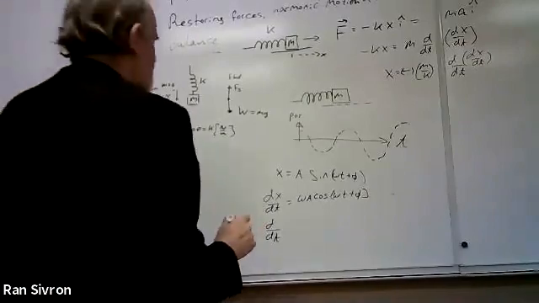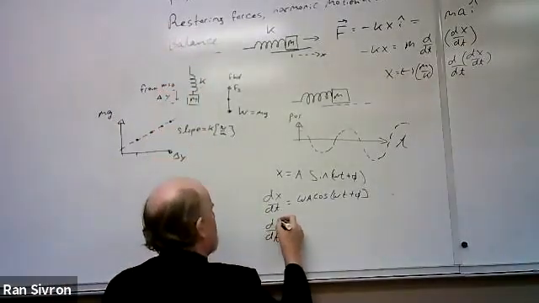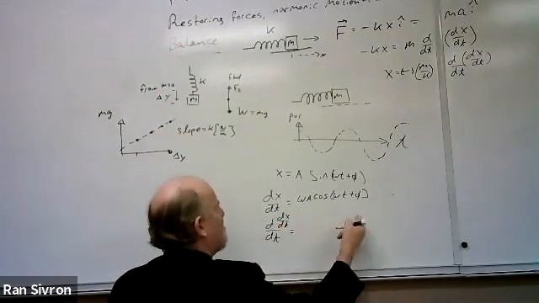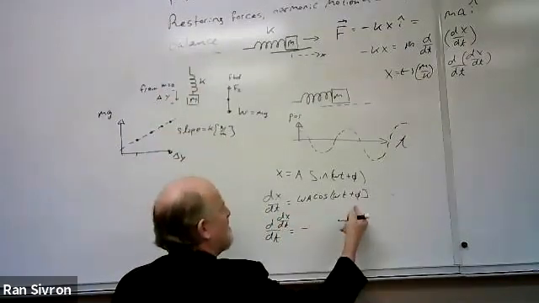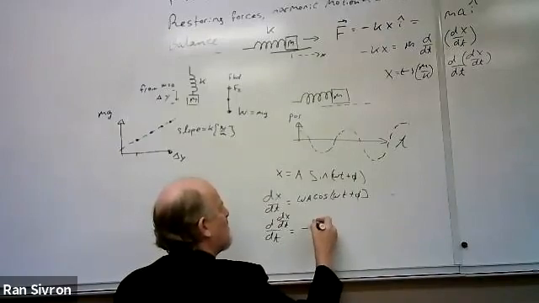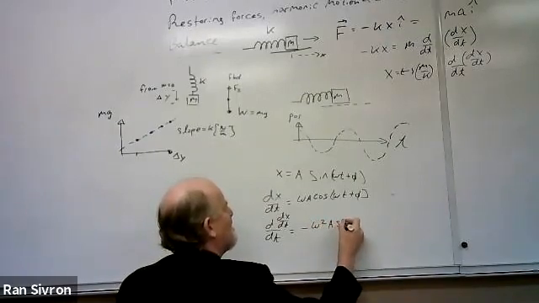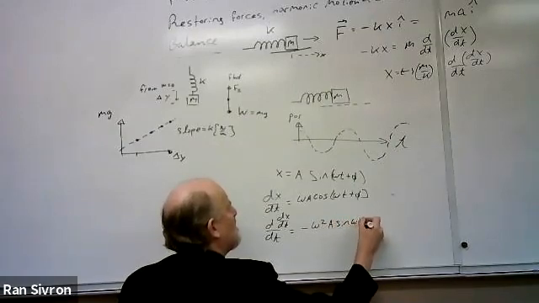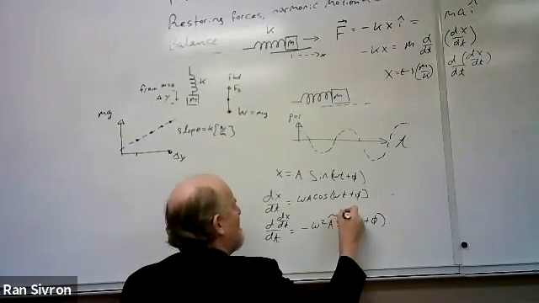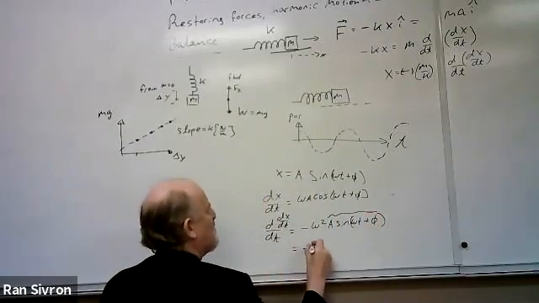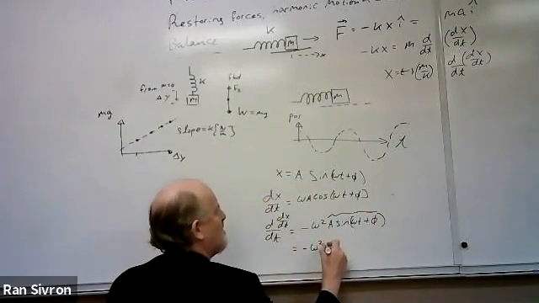Take a derivative of cosine. And that's minus sine. But you also pull another w, so it's minus w squared times A times sine of wt plus phi. But guys, that fella, that's the original x. So it's equal to minus w squared times x.